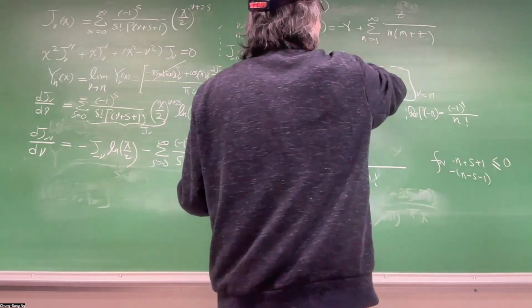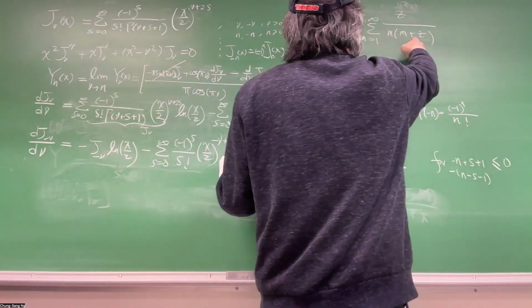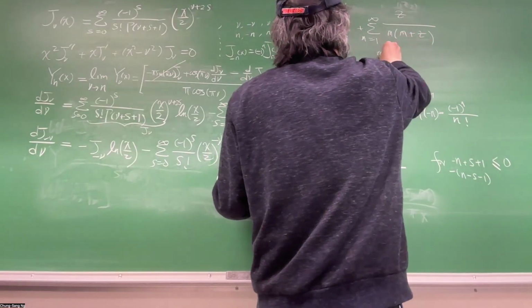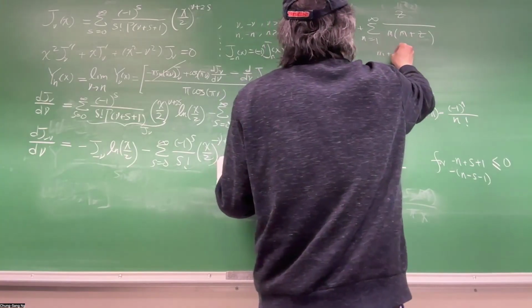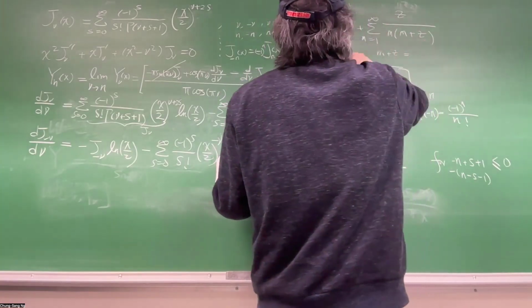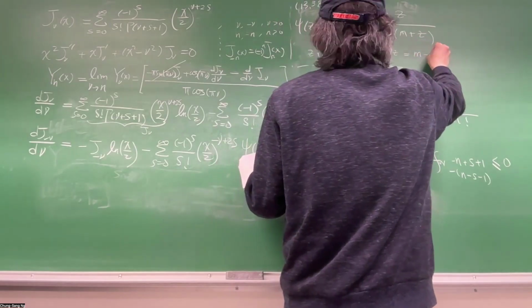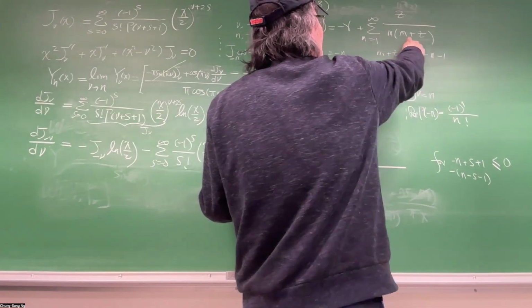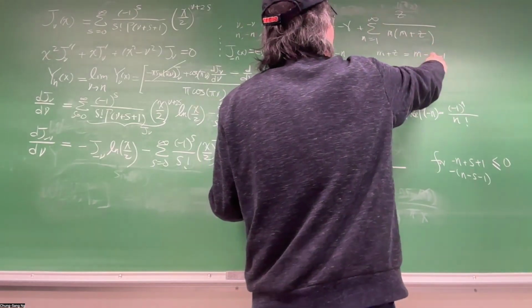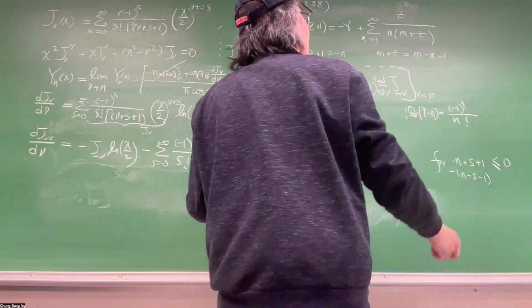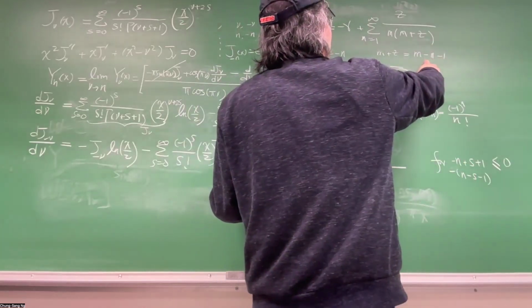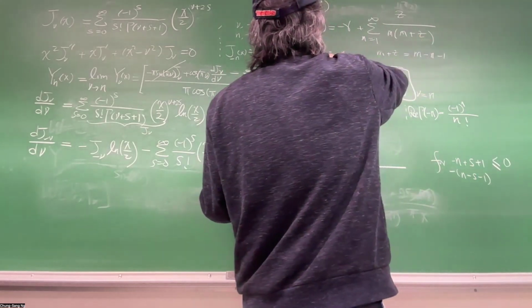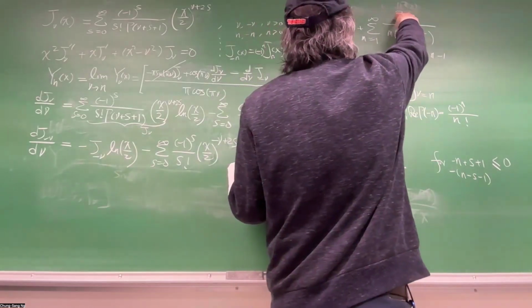You see the singularity is when m plus z equals m minus n minus 1, and so when m equals n plus 1, that will be singular.